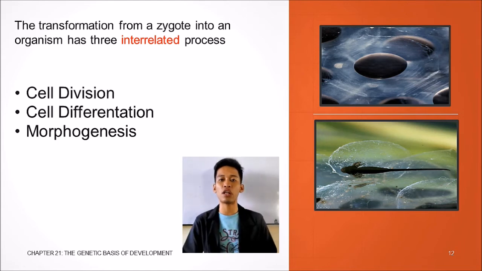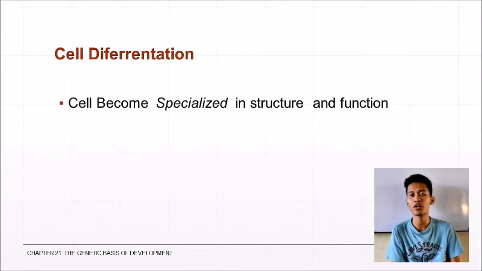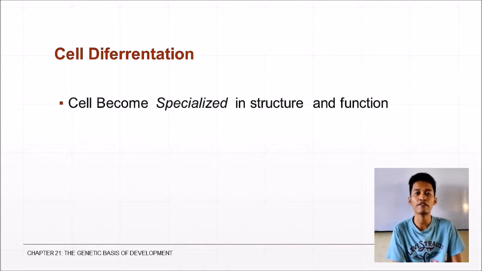But cell division alone cannot make a fully functional organism. It needs another process, namely cell differentiation. In embryonic development, the cell does not only increase its number, but also undergoes cell differentiation. Cell differentiation happens when a cell is specialized in structure and in function.